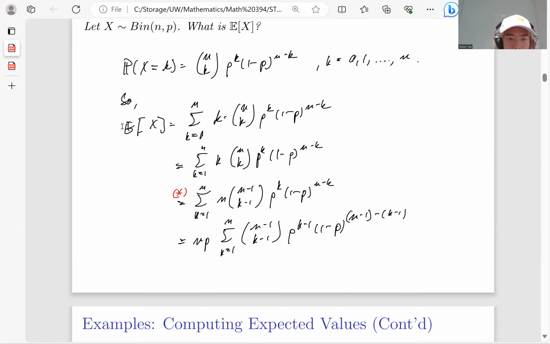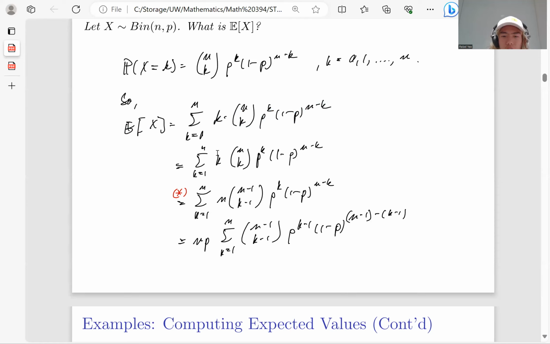We can see that the expectation of x is the sum of k times that, from 0 to n, because k cannot go negative and cannot go larger than n. That's all of the possibilities of k, the realizations of x here. Because 0 times something goes entirely to 0, we can eliminate the 0 term and start from 1.